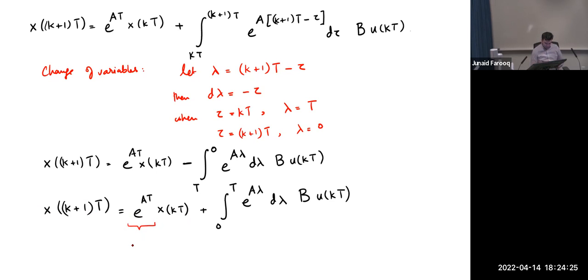So here this can be G(T), and then we have this matrix times u, so it should be B u. Entirely this should be the matrix H(T).